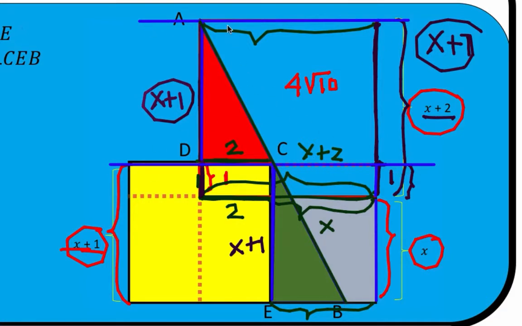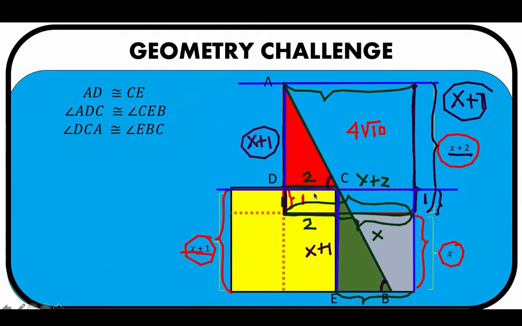And since we have parallel lines cut by transversal, it follows that this angle ACD, and this angle CBE, are corresponding angles on one side of the transversal, and are congruent. And so we can now say that angle DCA is congruent to angle EBC.